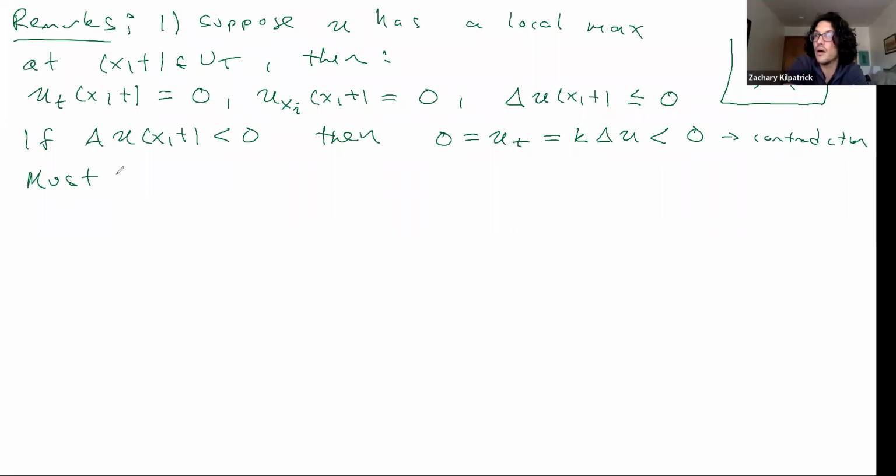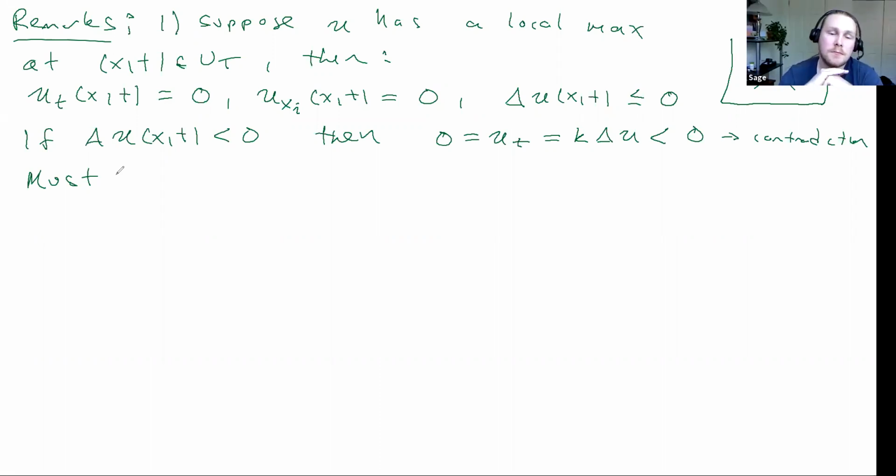I don't think that's true. I think it has to be that your Laplacian needs to be negative, right? Because it's going to be the sum of second derivatives that are all non-positive. Yeah, my mistake. Thanks.